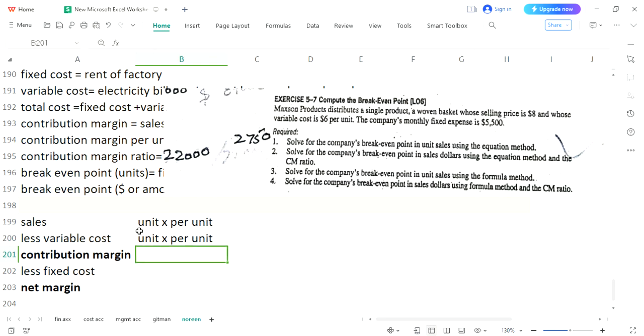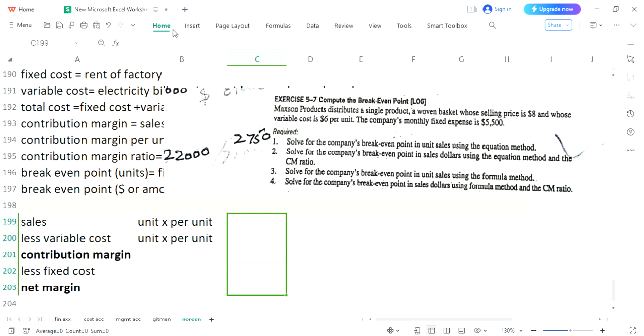But obviously what you will do, units of sales will be multiplied by per unit of sales, and total units produced multiplied by per unit. That means this unit and per unit will be for variable cost and this unit and per unit will be for sales. Here there will be a complete column which will be used to calculate the amounts or rupees.